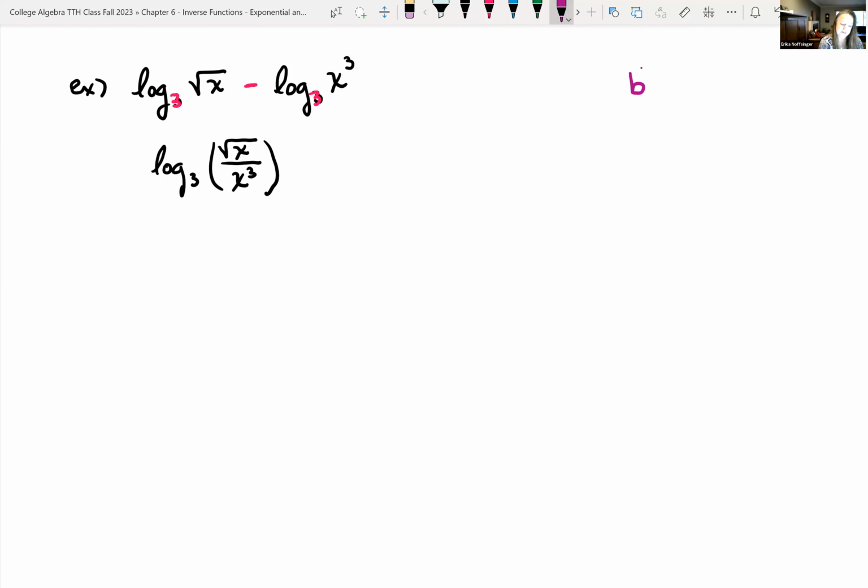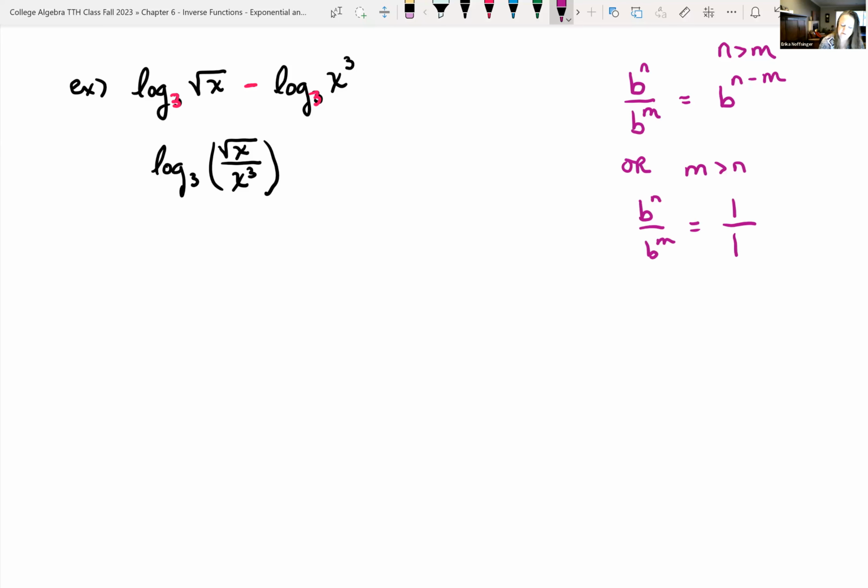So recall, if you have the same base and there's division, we can look at if n is greater than m, then we would look at b raised to the n minus m power. Or if we had the opposite, if we had m is greater than n, this can be the same thing, but let's bring it down to the denominator.